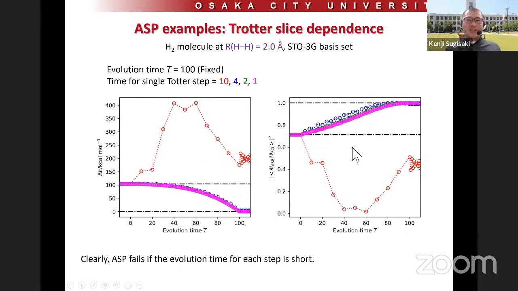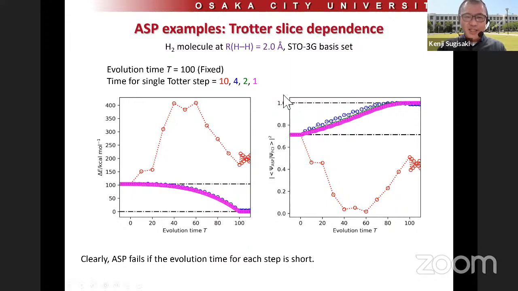This slide summarizes the Trotter error. Let us think about the same problem, the hydrogen molecule, with a bond distance in angstrom with the same basis. In this slide, I fix the evolution time t equal 100, and just change the time for the single Trotter step to be 10, 4, 2, and 1.